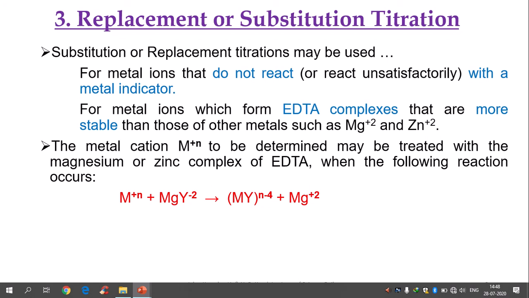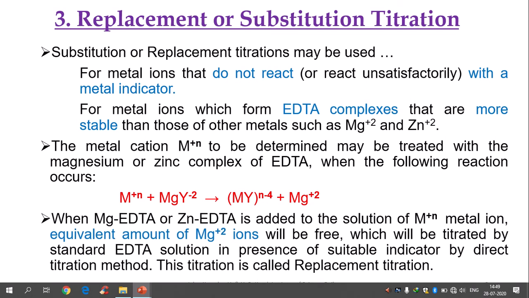How much of the metal we have added to the magnesium EDTA complex, that much magnesium ion will be free. That magnesium is then titrated with standard EDTA solution, and the amount of magnesium that we get is equal to the amount of the metal ion present in the given sample solution. So this titration is called replacement titration.